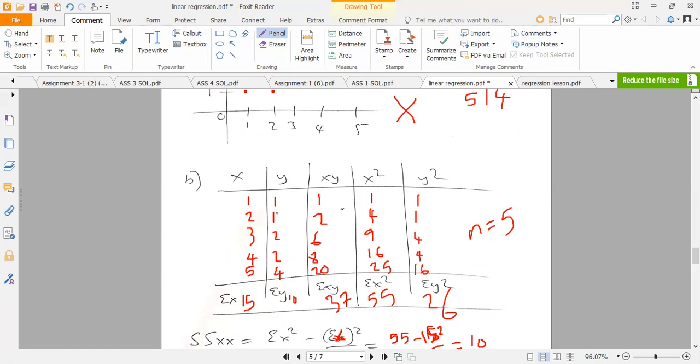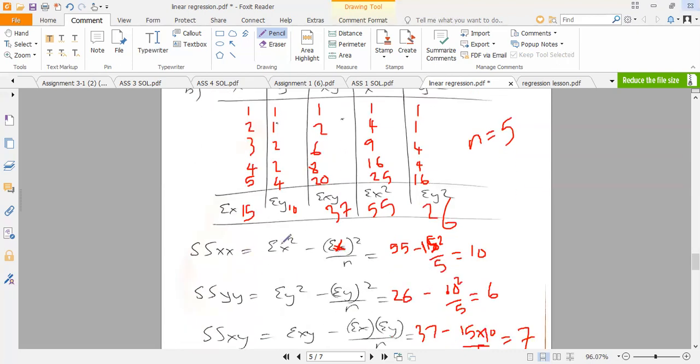So now what is key and important is calculating the sum of squares. Sum of squares xx is summation of x squared minus summation of x to the power 2 over n.